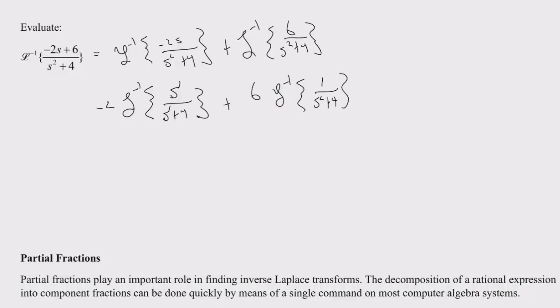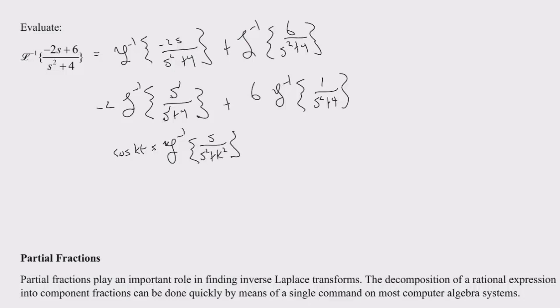Okay, now at that point, I want to compare the patterns. You know, which patterns does this fit the closest to? So if I have an s and an s squared plus a number, that fits more like the cosine. So I'm going to write that underneath here. So the cosine kt is the inverse Laplace of s over s squared plus k squared.